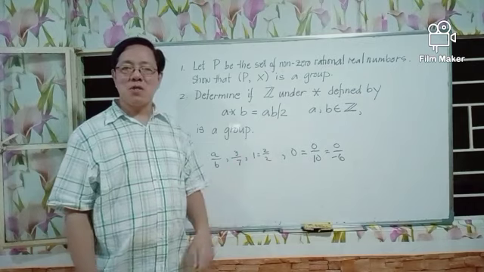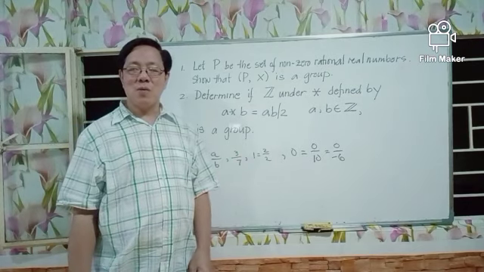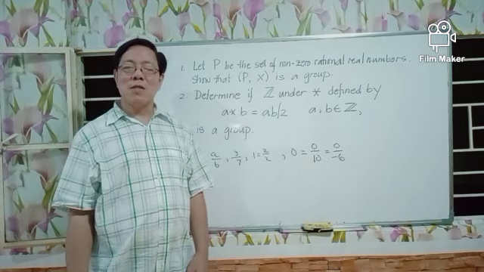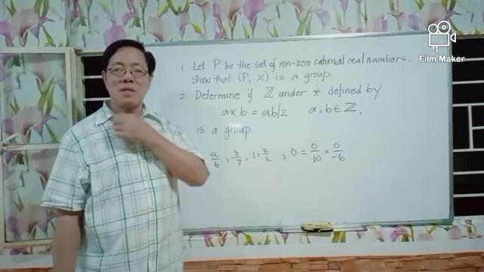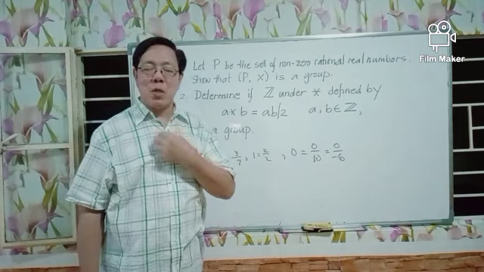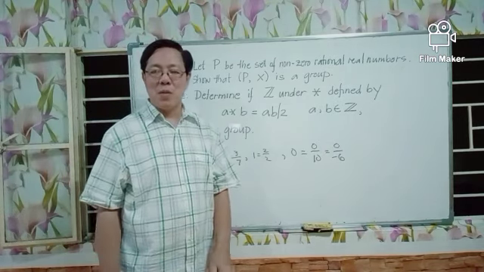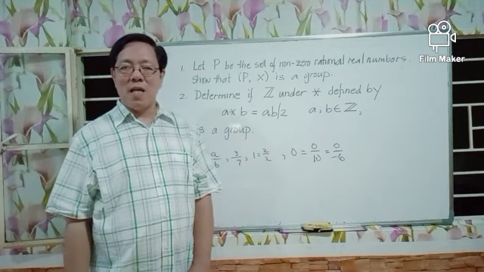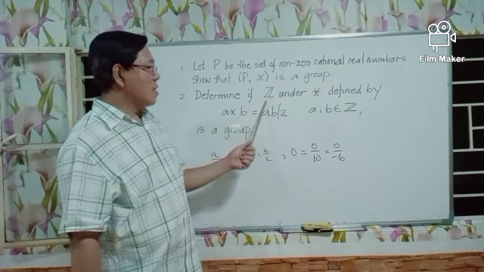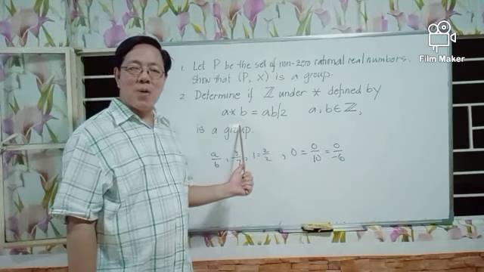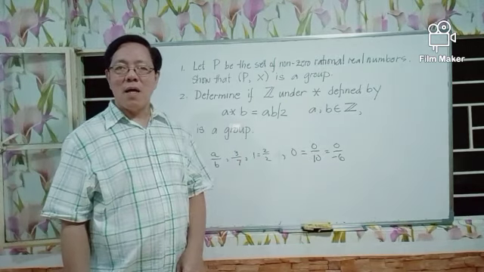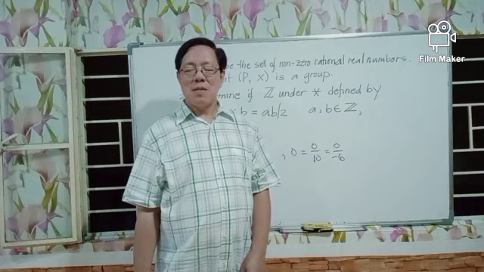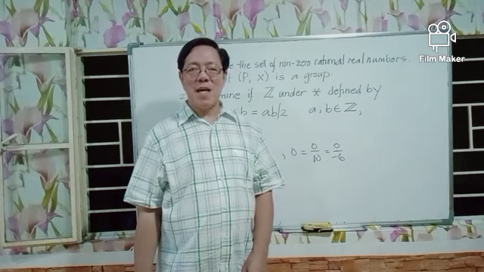For number 2, you start with verifying the associativity property, and if it is satisfied, you verify the second property. You must show in the second property of a group that there exists an identity element for Z under this binary operation. You cannot simply guess the identity element.